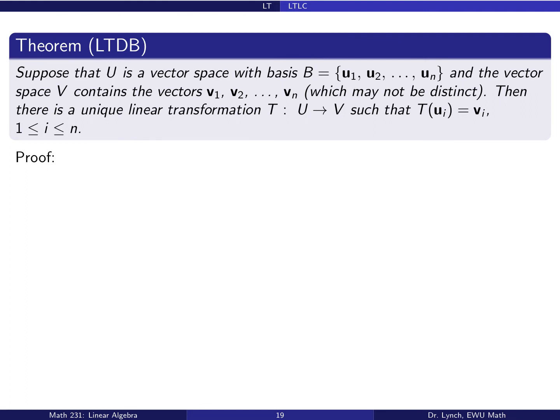This is super useful if we have a basis, and I'll state this theorem without proving it: if you know the action of your linear transformation on a basis, then that linear transformation is uniquely defined.